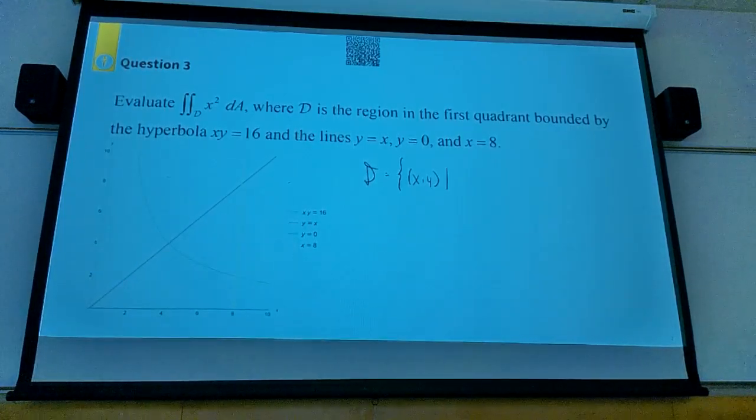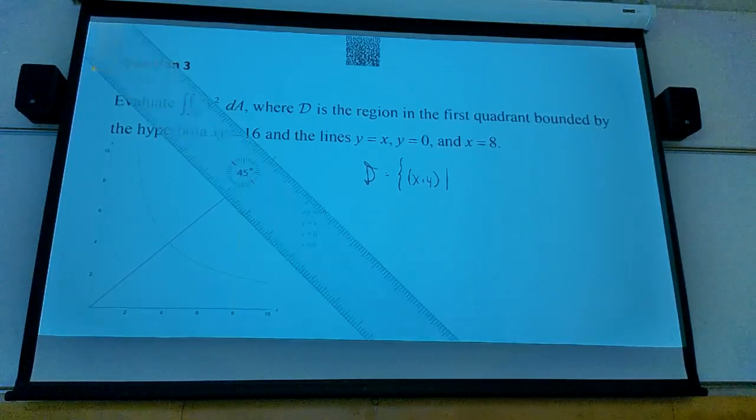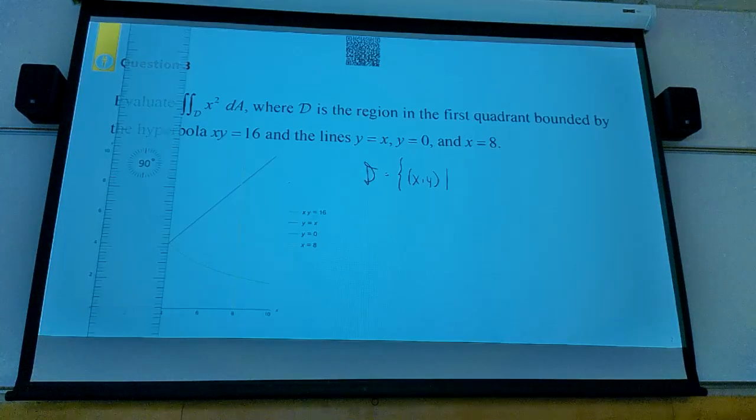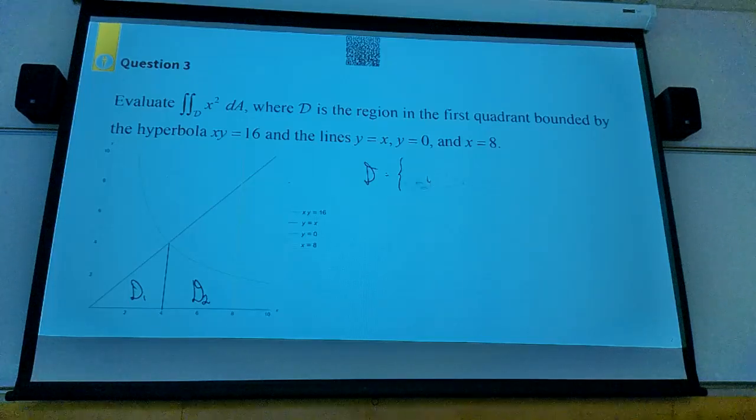Whether we do vertically simple or horizontally simple, we're going to have a union of regions. So what I'm going to do is stick with vertically simple.